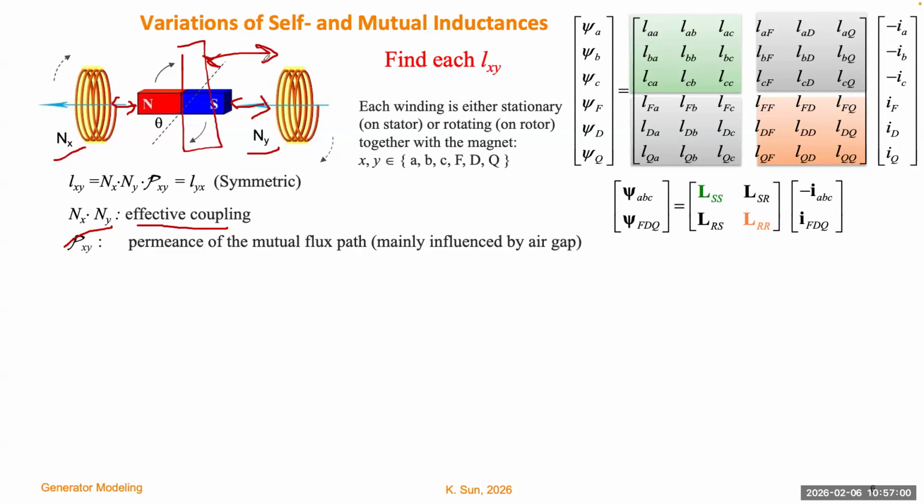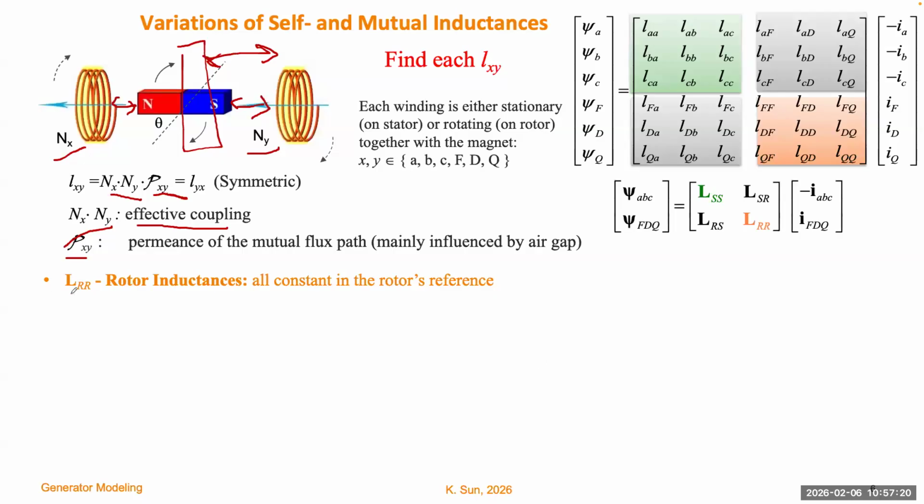When the rotor revolves at a similar speed, the permeance will also change as a periodic function. So both the product of N and the permeance can change periodically, but at different frequencies. I will explain in a minute.